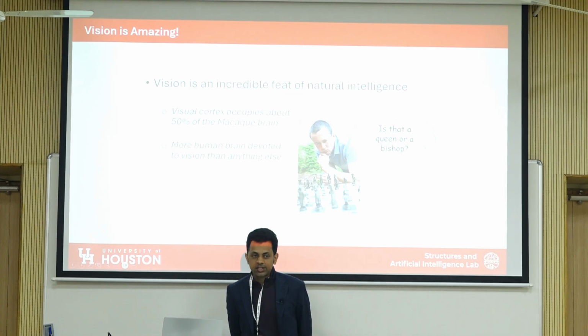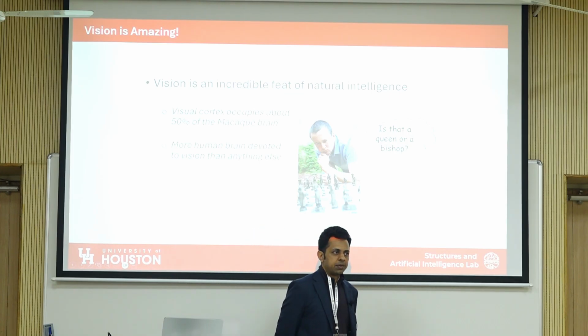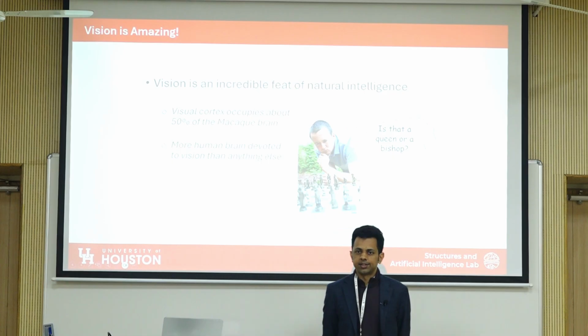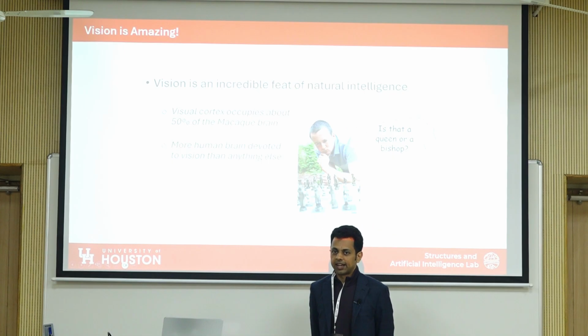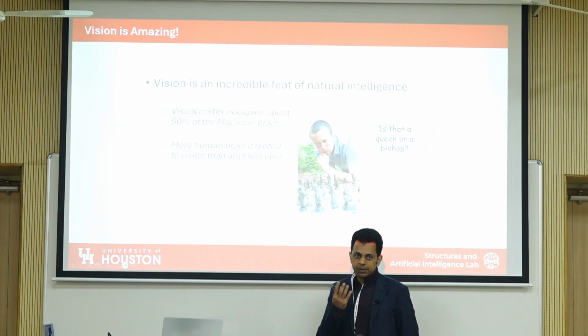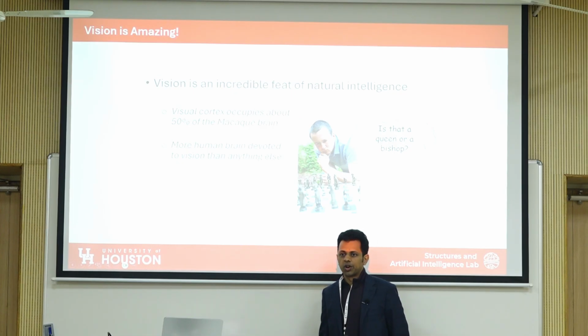Now, biologically, vision is actually an incredible feat of intelligence. And one indicator of this is the fact that in a macaque brain, 50% of the brain is devoted to the visual cortex.